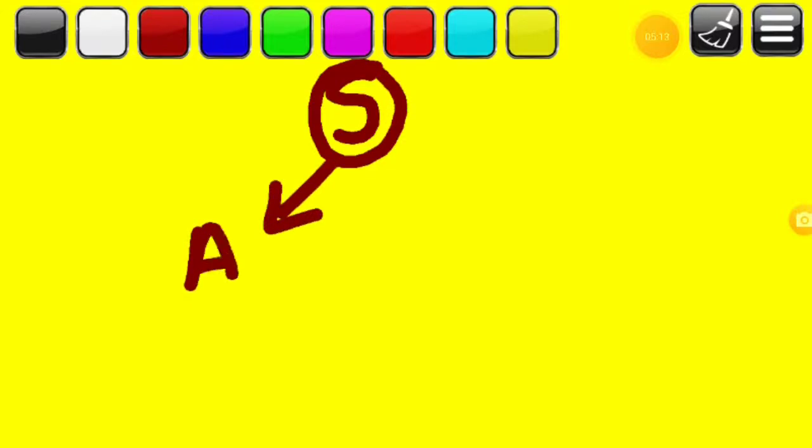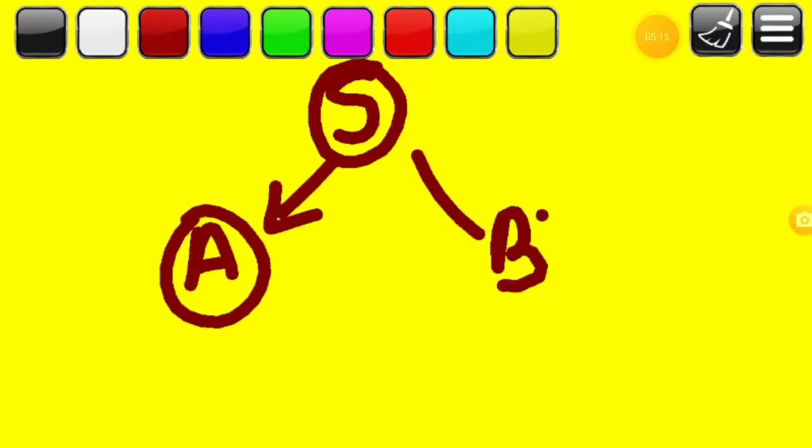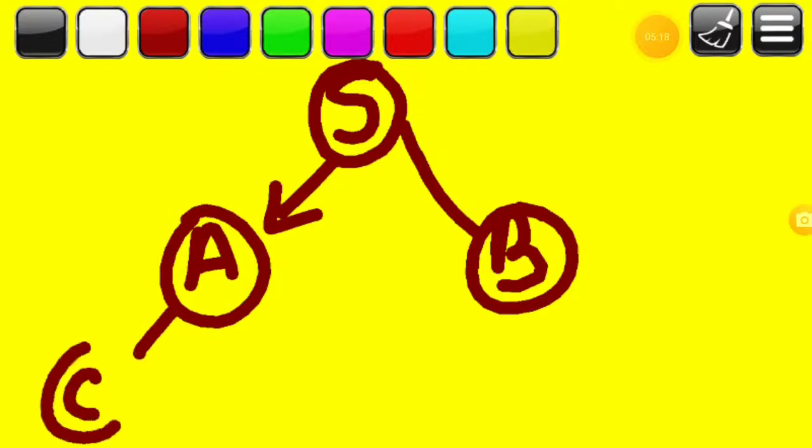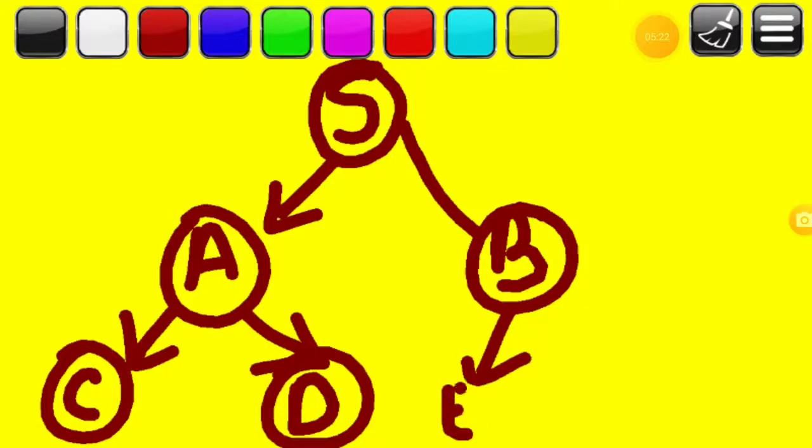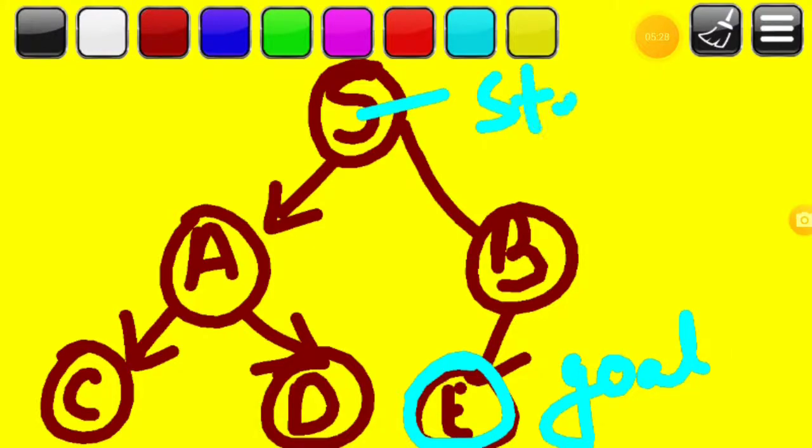This is S, this is A, this is B, this is C, this is D, and suppose this is E, our goal node. This is our starting node. The costs are 1, 2, 1, 5 and 2. How can we reach there?